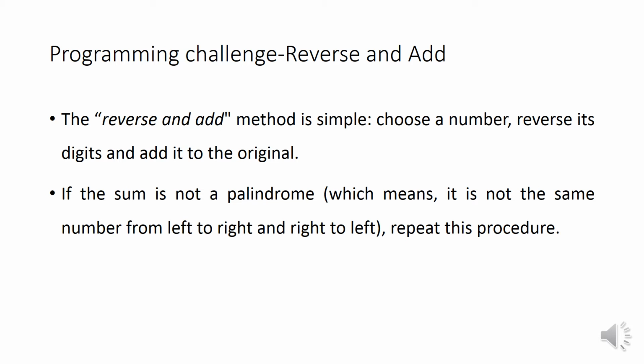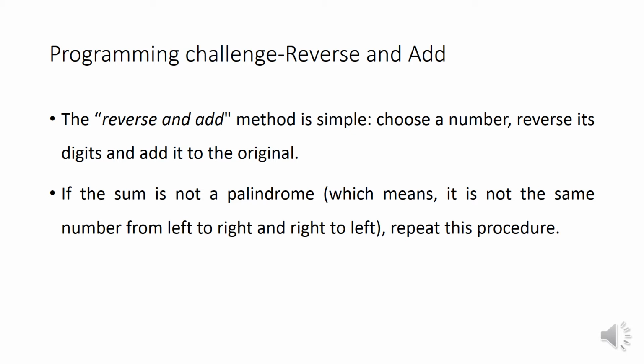So through the addition and reversal steps in the reverse and add program, the resulting number is a palindrome number. So friends, this is a very simple program. You already executed programs to find whether a specific number is a palindrome or not, and the same logic is implemented in this program.